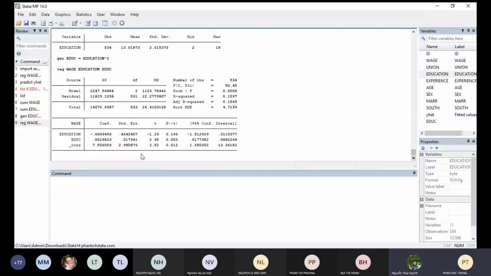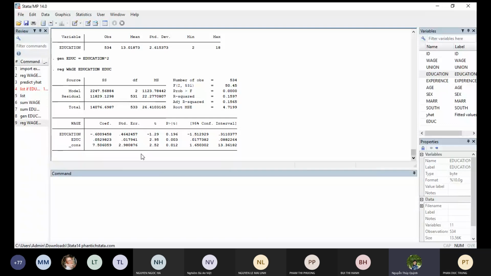You forgot one more thing. Okay, the marginal effect of education on wage here will be beta 1 plus 2 times beta 2 times education.